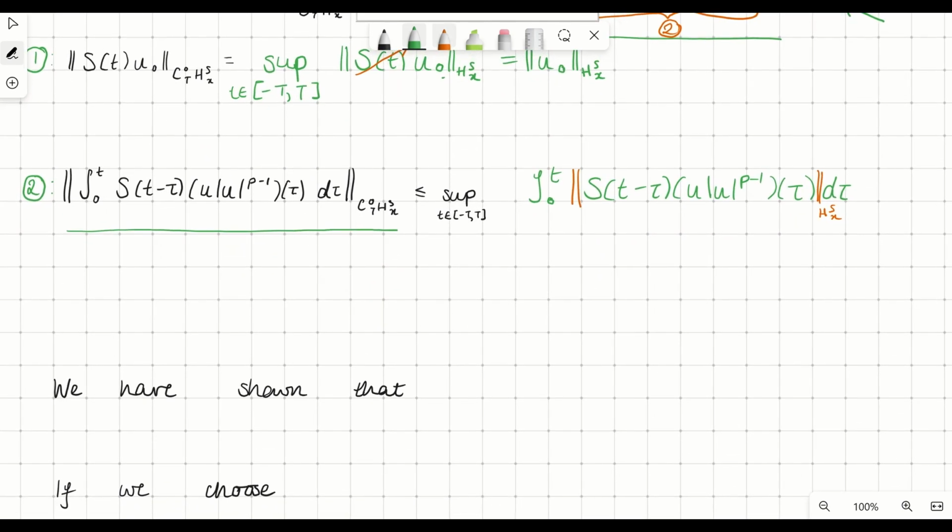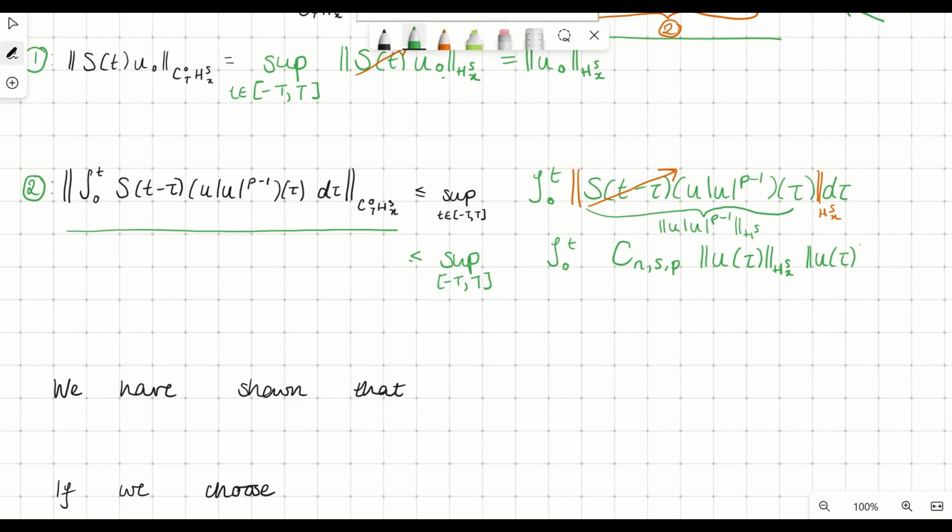So then again, we use S(t) as an isometry to get rid of this linear evolution operator, and we're left with the supremum of the integral of this norm of u mod u to the p minus 1 in H^s. But from before we saw that this was bounded by some constant depending on n, s and p times the norm of u in H^s times the norm of u in L infinity to the power of p minus 1 integrated over time.